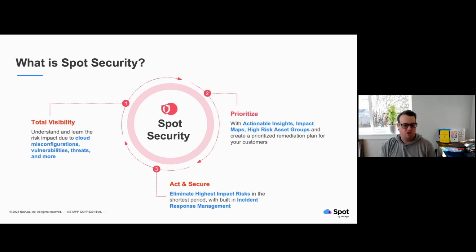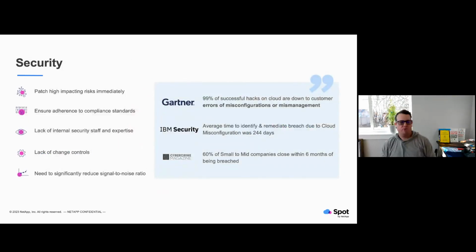It allows you to shift security left, which means we're putting security at the forefront of your developers, your DevOps, and your platform engineering teams to eliminate the highest impact risks in the shortest period with built-in incident response. And it allows you to prioritize, again, with those actionable insights, impact maps, and high-risk asset groups. You can create a prioritized remediation plan for your environment. And why is that important?